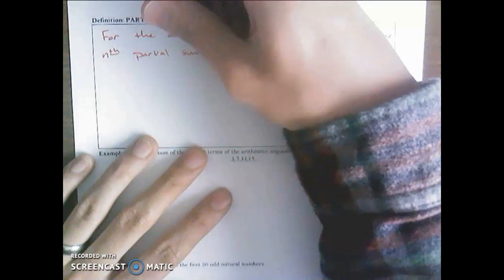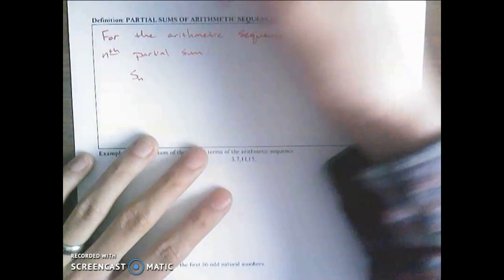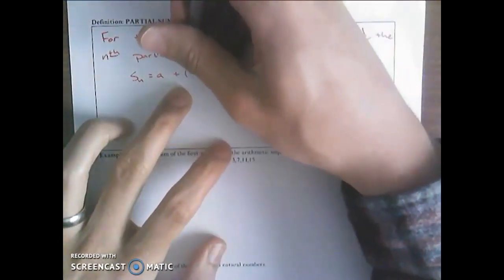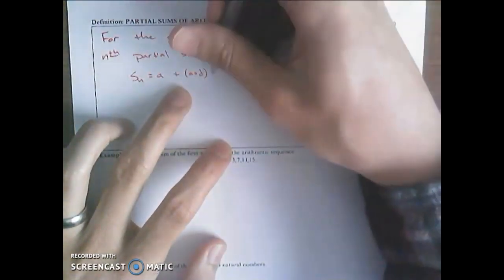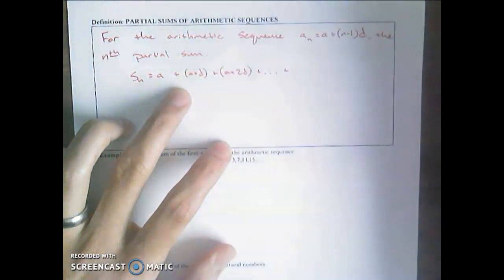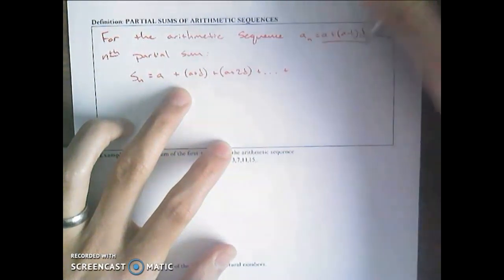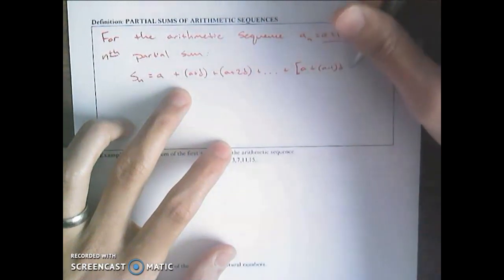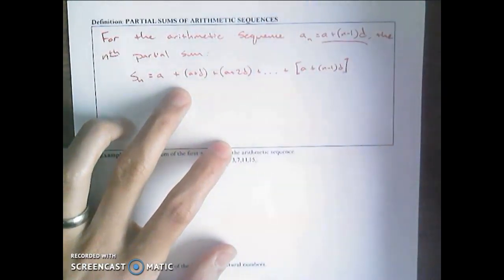The nth partial sum is given by Sn, it's capital S, equals a plus, so this is the first term, plus the second term, so a plus d, plus the third term, which is a plus 2d, plus the fourth, fifth, sixth, and so on, all the way up to the nth term, which we know is this here. So plus a plus n minus 1 times d. So this is the nth partial sum.